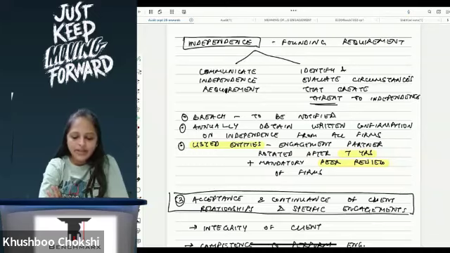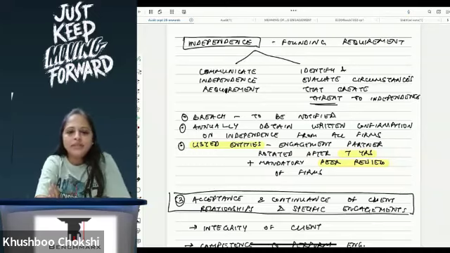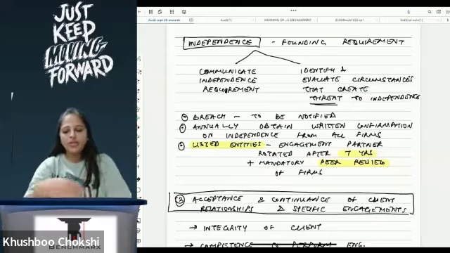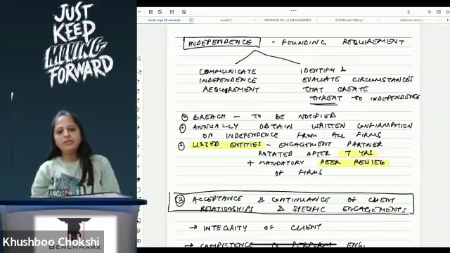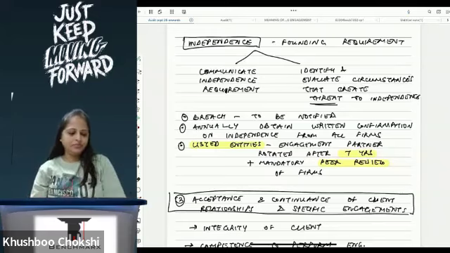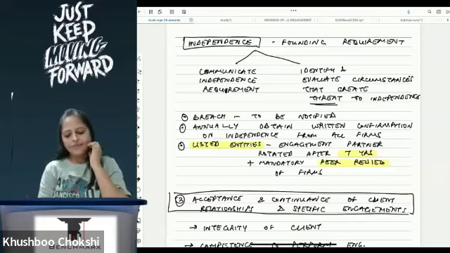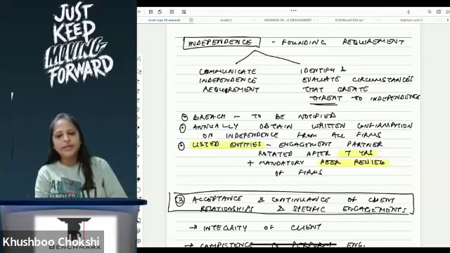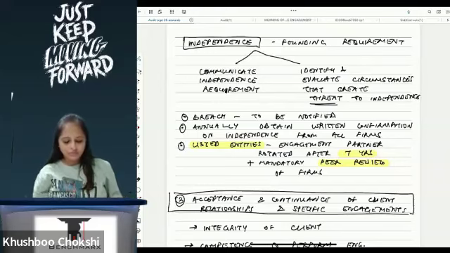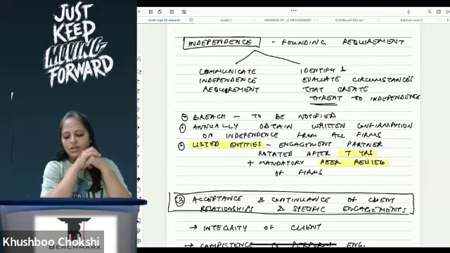Then create two parts and write down communicate independence requirement, and in the second part write down identify and evaluate circumstances that create threat to independence.